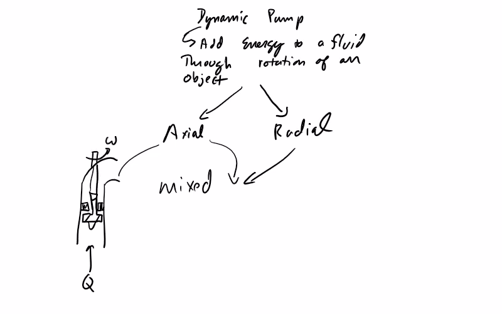This thing spins with some value omega, and there are these blades on the rotor, which I'm going to put in blue. This whole thing is spinning with omega, and it's driving flow in the axial direction. So it's driving flow using these blades this way, adding energy.